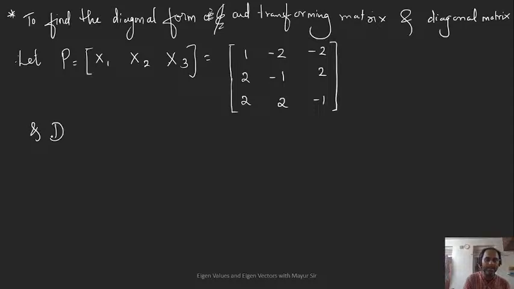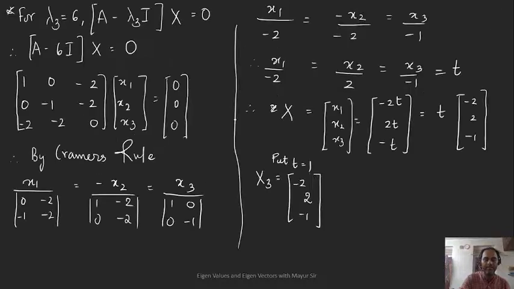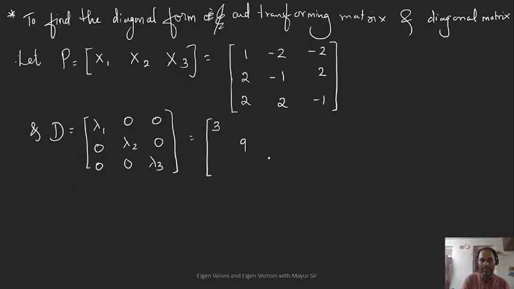Let D equal to, D is made out of lambda 1, lambda 2, lambda 3, with 0s elsewhere. So basically D is going to be, the eigenvalues that we had got, so the corresponding eigenvalues were 3, then there is 9 and 6, right? 3, 9 and 6.